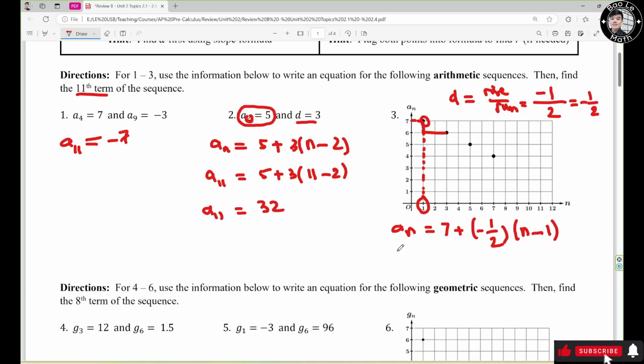Now I need to solve for a sub 11. So a sub 11 is 7 minus 1 half times 11 minus 1. 11 minus 1 is 10. 10 divided by 2 is 5. So 7 subtract 5 is going to be 2.